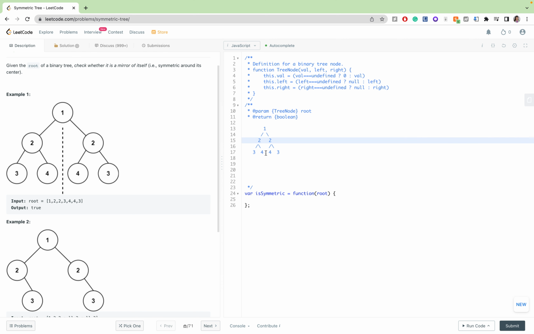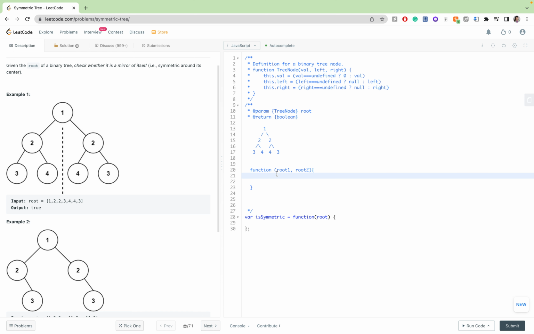And again, for any root I'll go to its left and right, so it means there will be a kind of function with root 1 and root 2.